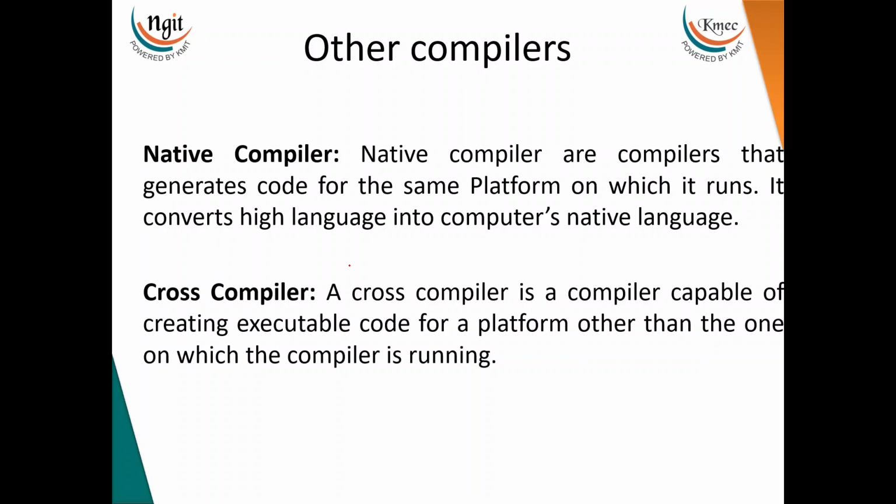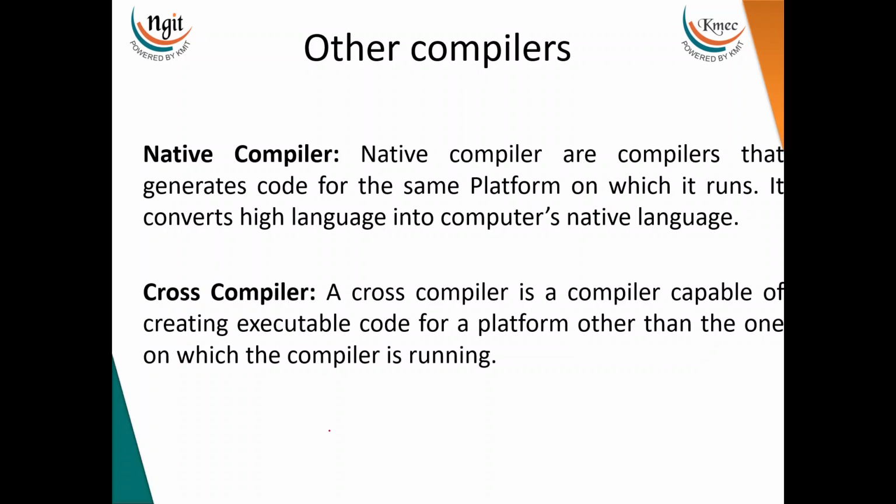Assume that you are writing the code in the Windows operating system, compiling in Windows, and the same code is going to be used in Windows only. So writing on the same machine, compiling on the same machine, and generating target code for the same machine is called native. Generally the normal C compilers work this way. They generate code for the same platform on which they run, so all the general compilers come under native compilers.